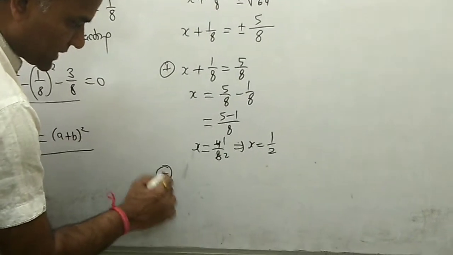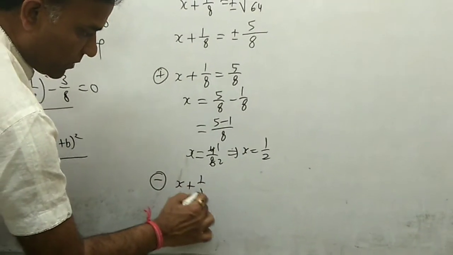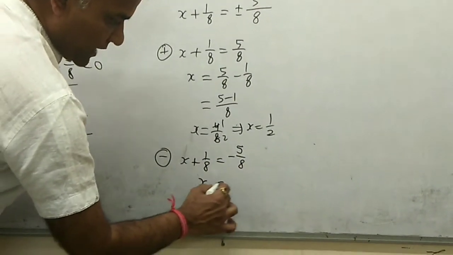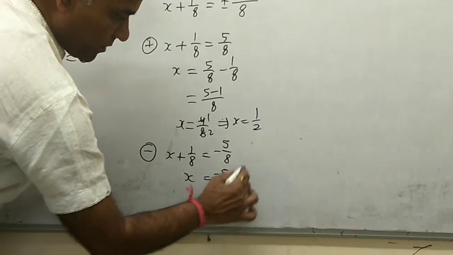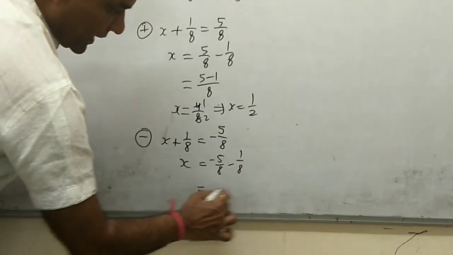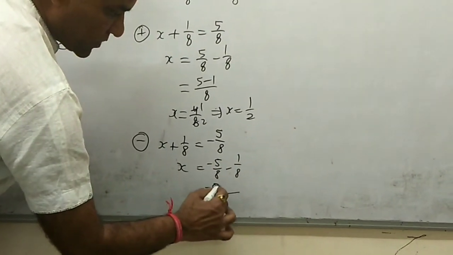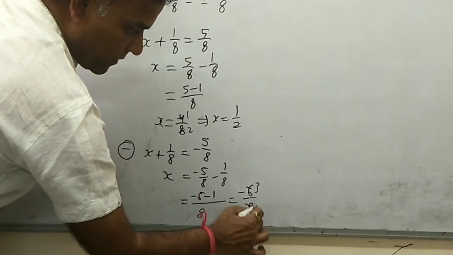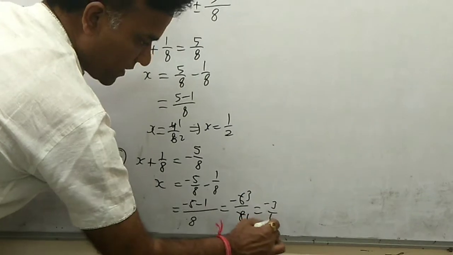Similarly for the minus sign, we have x plus 1 by 8 equal to minus 5 by 8. So x equal to minus 5 by 8 minus 1 by 8, that is minus 6 by 8, which is minus 3 by 4.